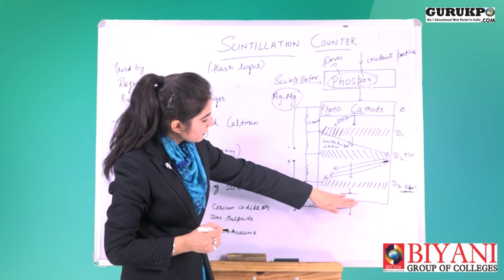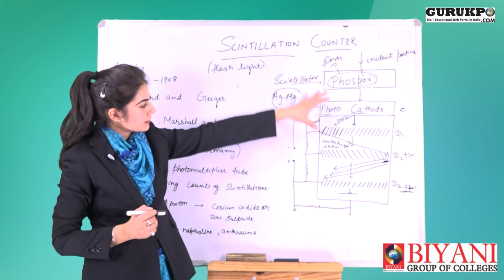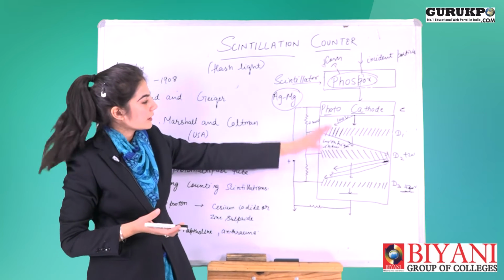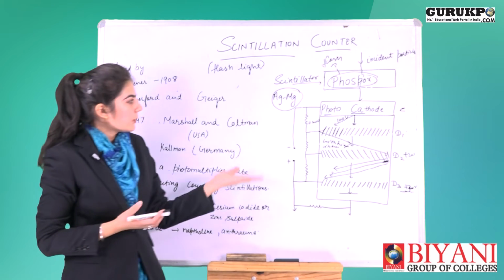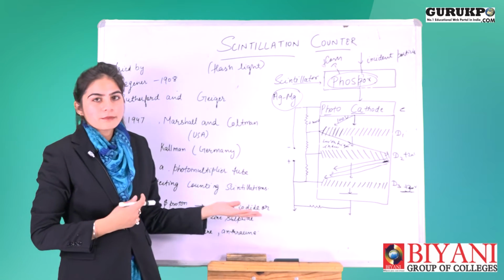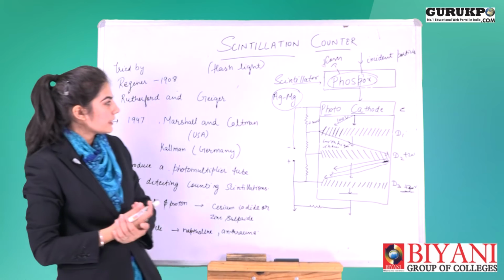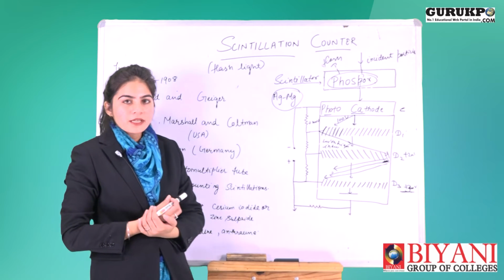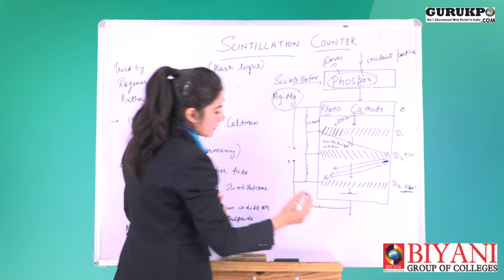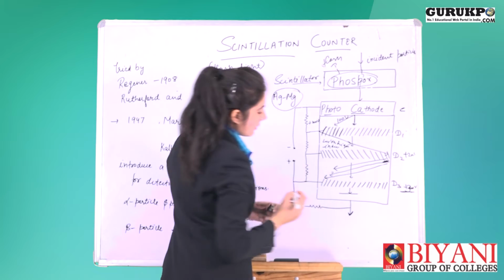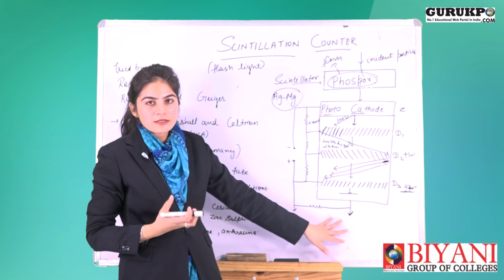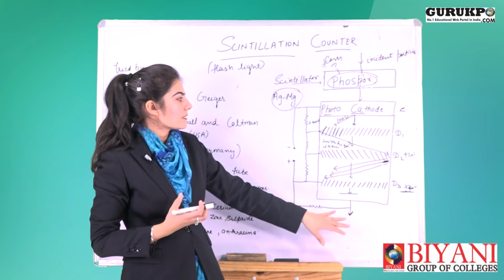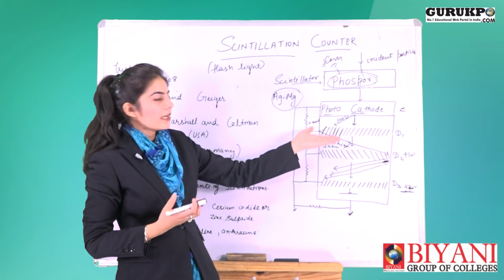After this, we can collect the emitted electrons or photons, and we can verify the nature of these particles. Maybe these are alpha particles, maybe beta particles. We can also detect the voltage pulse rate, and the voltage pulse rate depends upon the energy.